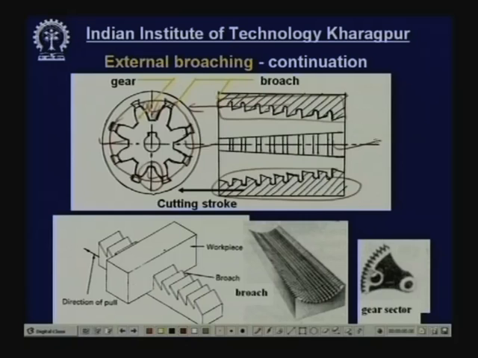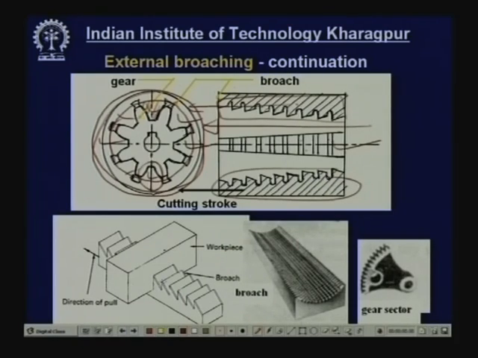So, all of them can be done by different strips, and different strips or part broaches will be fitted into a cylinder, and when this cylinder is pulled over this gear blank, all the teeth will be produced, external teeth with high accuracy, high finish and very fast production.